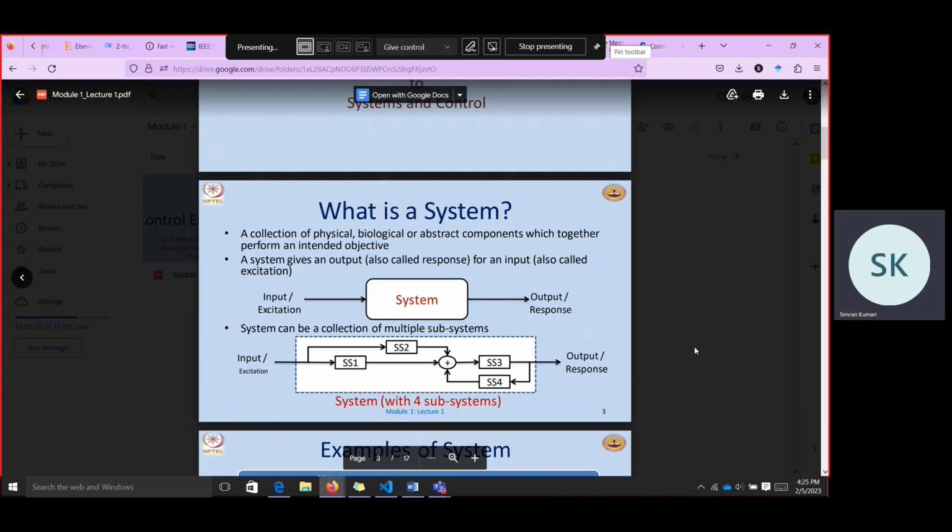The fundamental idea of control system engineering is that there is a system which can be a representation of any physical process or biological process, anything, even economics. There can be some system we can define there. And then we see the output. Like, if we consider the stock market, there will be prices in a stock market that we see, and there are various factors influencing this.